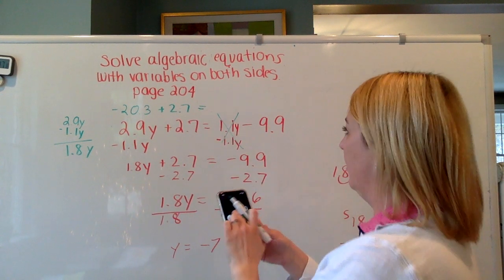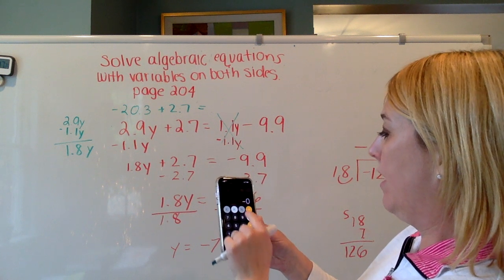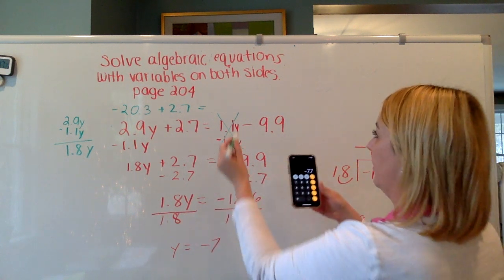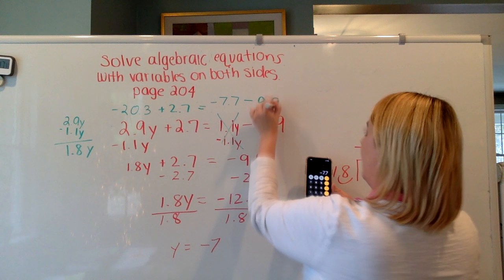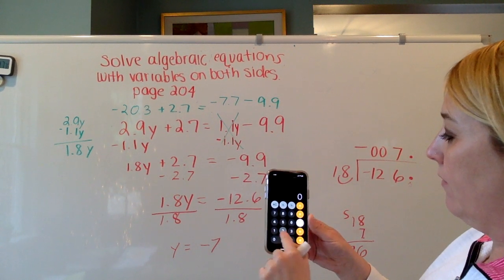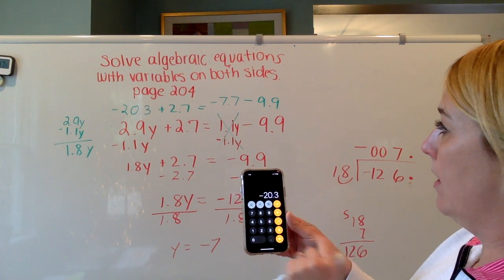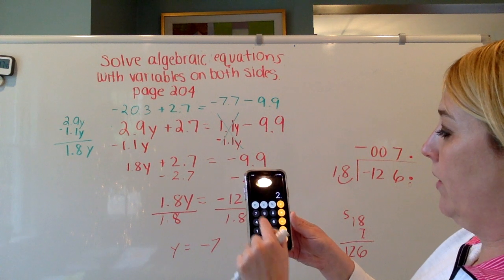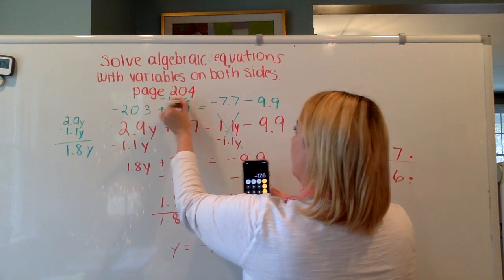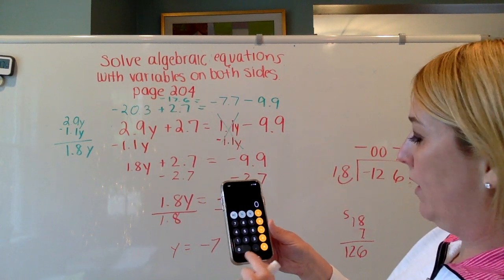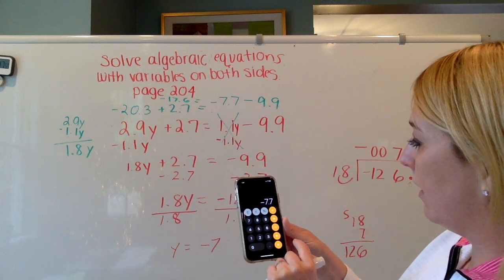And then let's see, 1.1 times -7 equals -7.7 minus 9.9. So if I do -20.3 plus 2.7, I get -17.6. Let's hope negative. I didn't try this beforehand, so if I'm wrong, we're going to find out together.